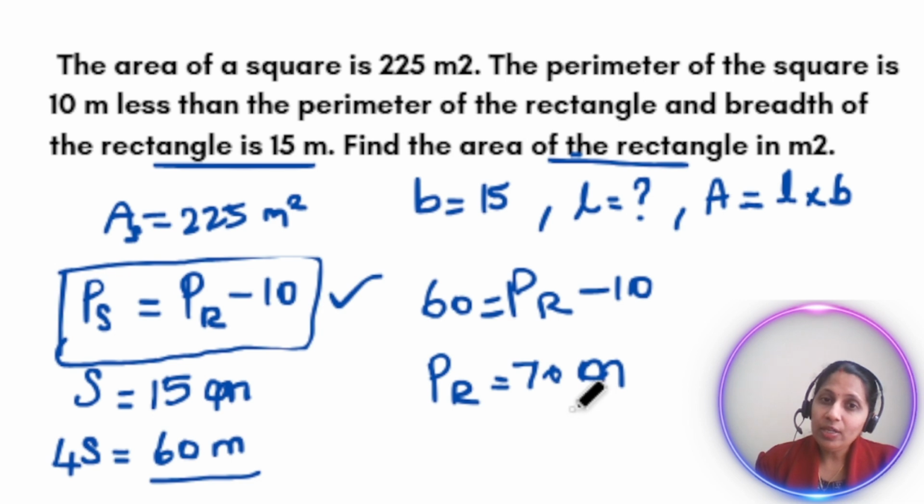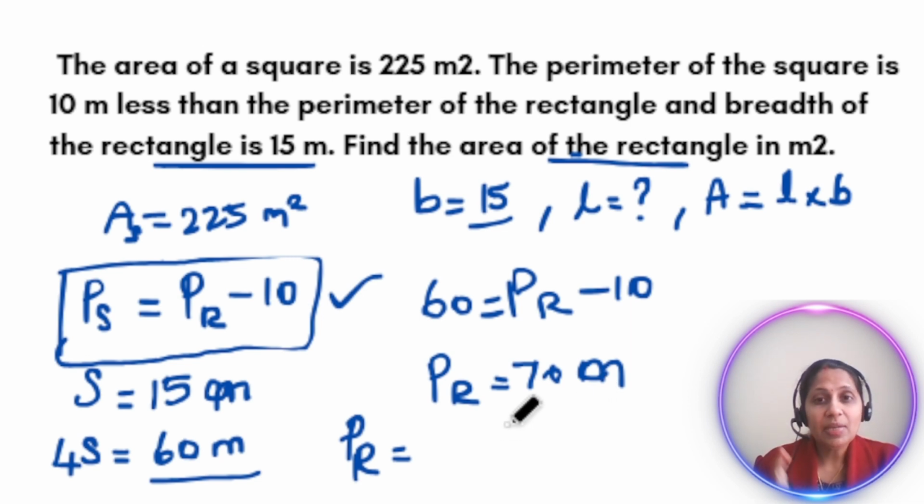Is the problem over now? No. Perimeter alone we have got. So perimeter is nothing but side plus side plus side plus side, which is breadth plus breadth, length plus length. So again, thinking logically without any formula, 2 times the breadth is 30. So 70 minus 30 is 40.